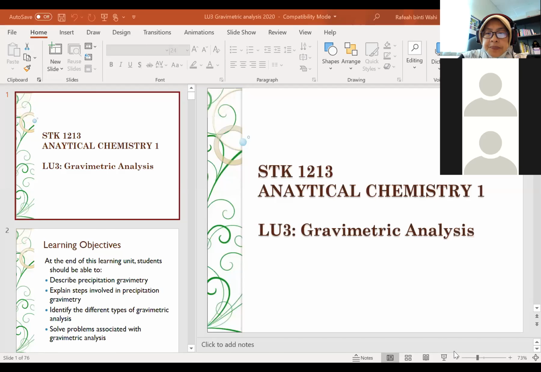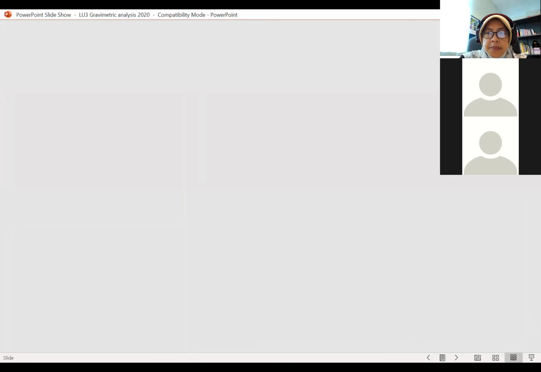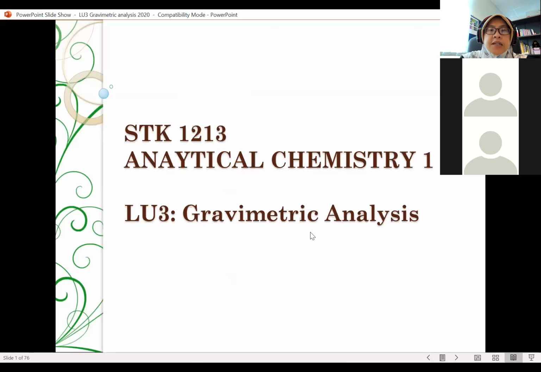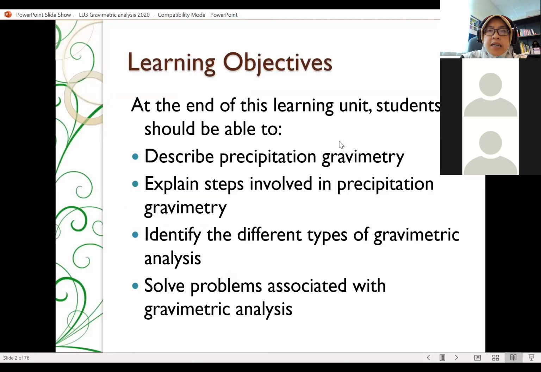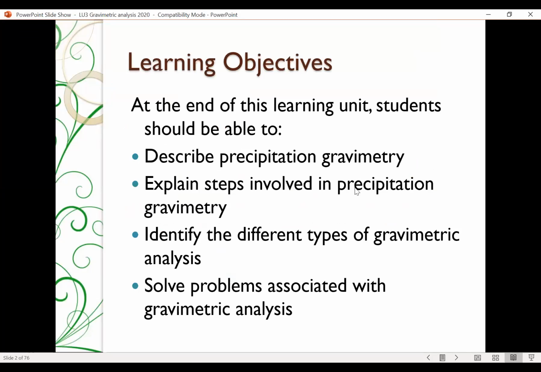All right. Today, we will start learning unit 3, which is on gravimetric analysis. Before we discuss further, I would like to share with you the learning objectives for this learning unit.